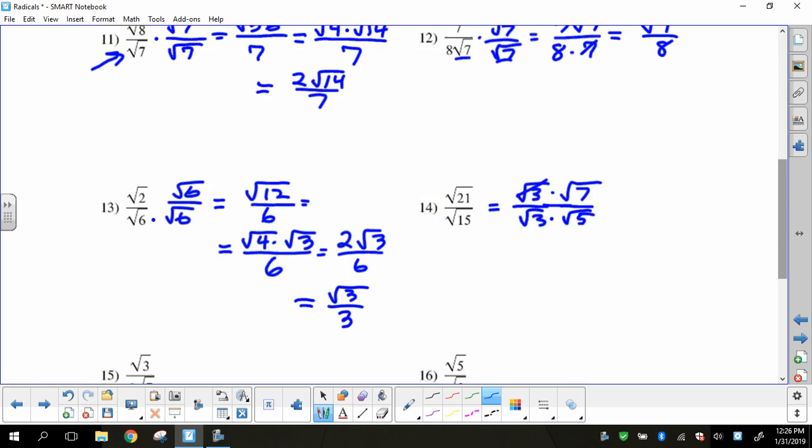And those square roots of 3, they'll cancel out because they equal 1. And so now I have the square root of 7 over the square root of 5. I need to rationalize that square root of 5, so I'm going to multiply by the square root of 5 over the square root of 5. And that gives me the square root of 35 over 5 for my answer.